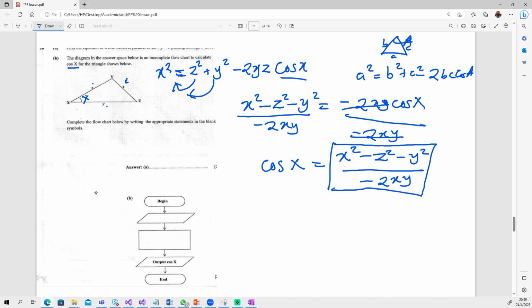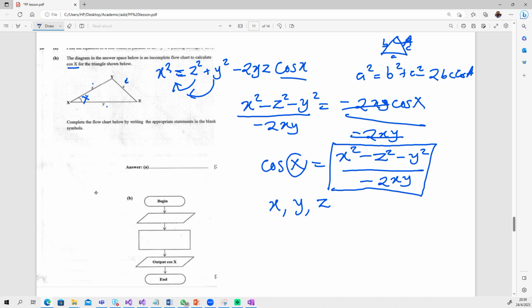Now at this point, ask yourself, for me to find cos x, what do I need to know? I need to know the value of x, the value of y, and I also have to know the value of z. Notice that this x here is the angle, angle x.